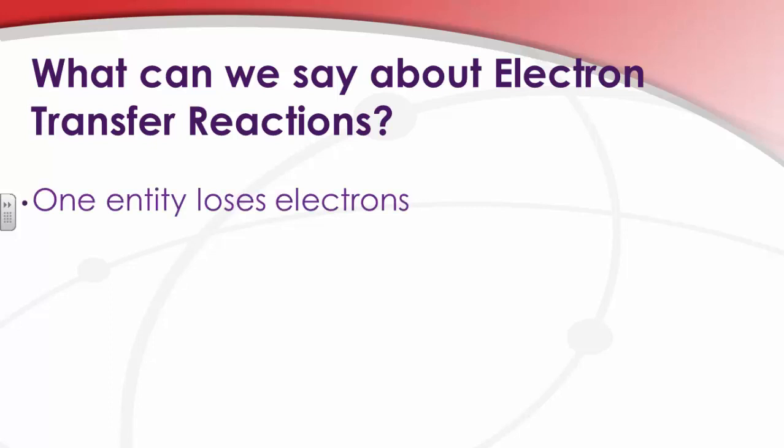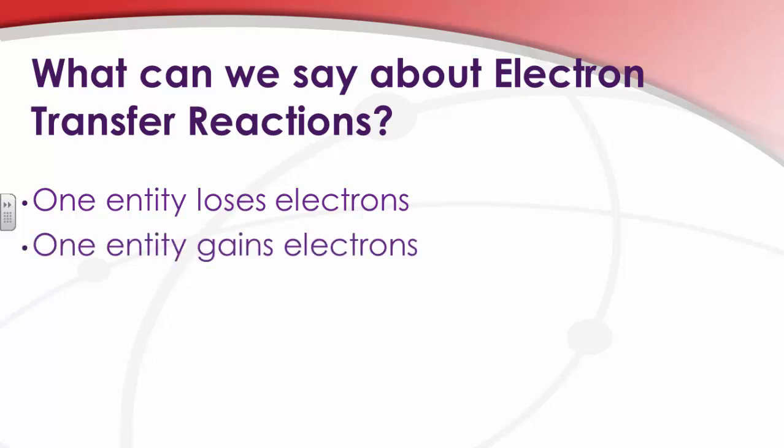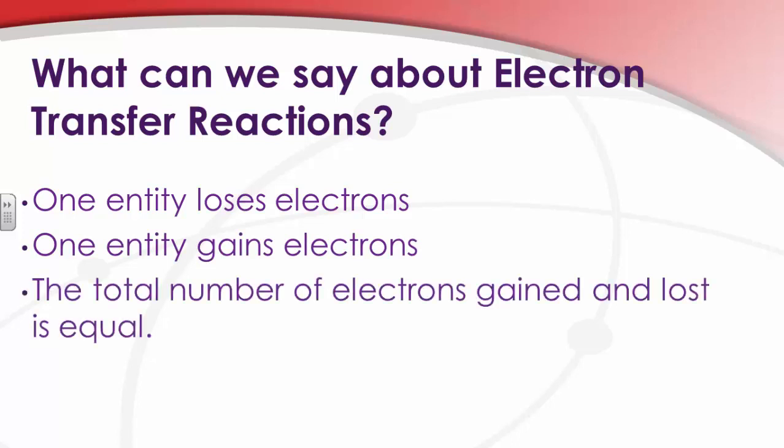Now, it's funny that we take the time to say this. They're electron transfer reactions. And if we want to talk about these intelligently, we have to keep in mind a very important truism. In electron transfer reactions, one entity will lose electrons and another entity, another compound, will gain those electrons.